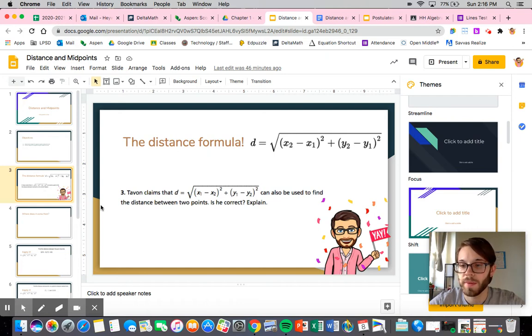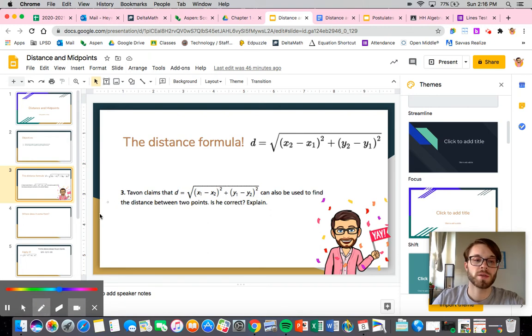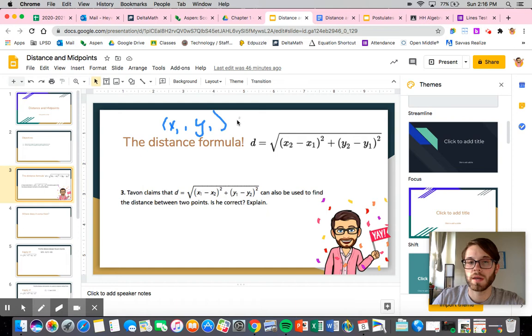Well, the distance formula is, if you had 2 points, x1, y1, and x2, y2, what you would do is take the x1 and the x2 and subtract them and then square, add them, and then do the y2 minus y1 and square.